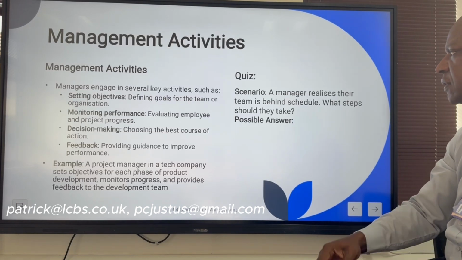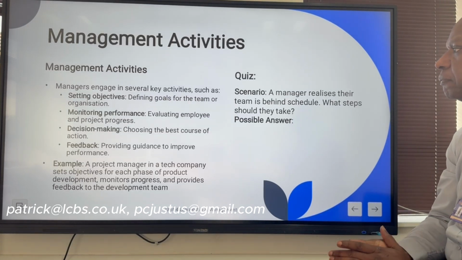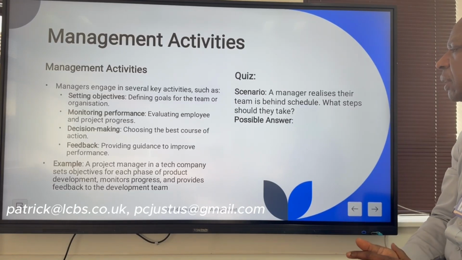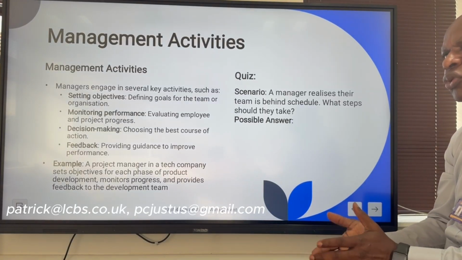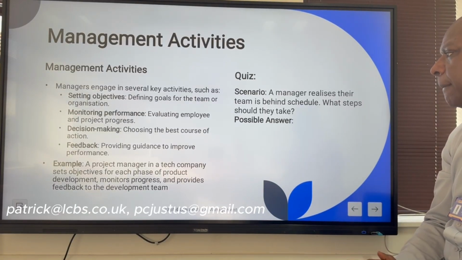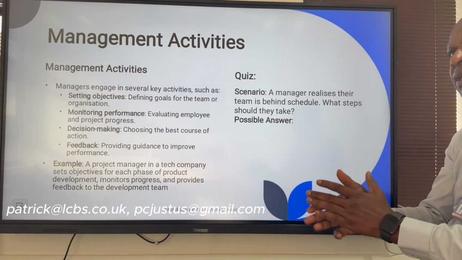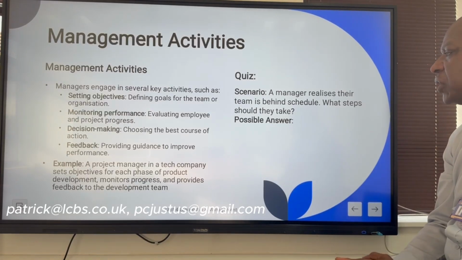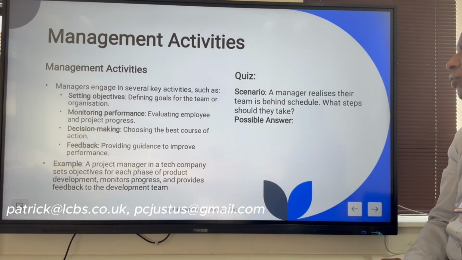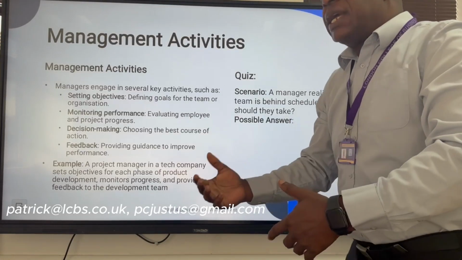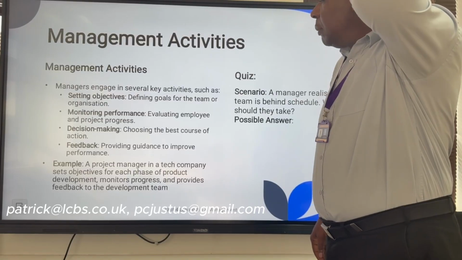Setting objectives like goals for the team, monitoring their performance and evaluating project progress, making decisions that lead to the best course of action, and providing feedback to guide and improve performance.